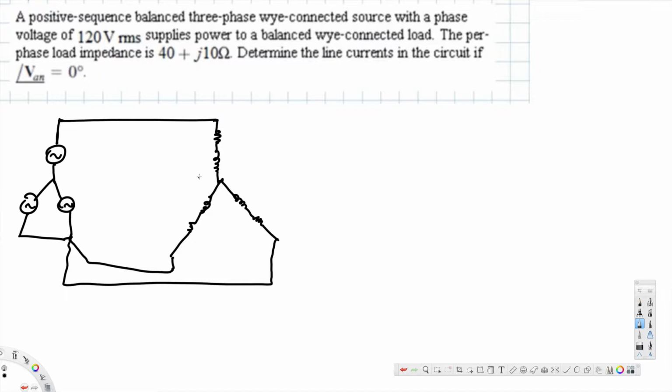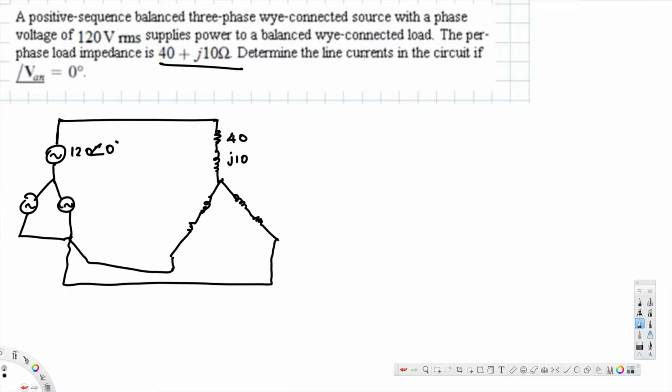Here we have the voltage source provided, that is 120 VRMS, and the angle is given to be 0 degree. And also we have the impedance provided, 40 ohm, and the imaginary part is j10.